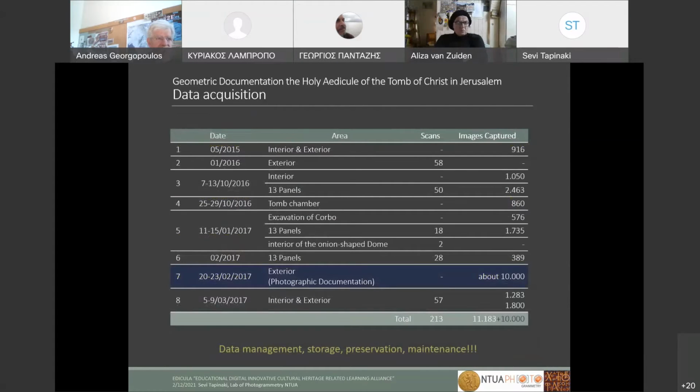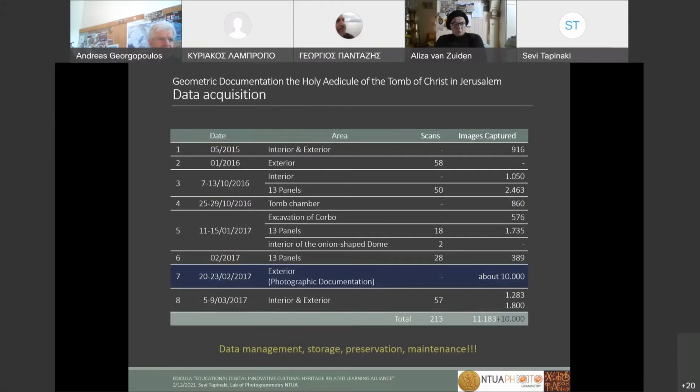Each time, we worked in different areas of the Holy Edicula according to the needs of its phase. And due to the volume and diversity of data, careful data management, storage, preservation, and maintenance was mandatory.